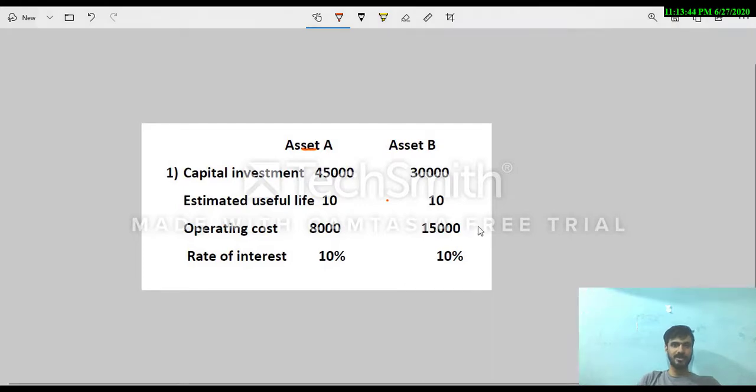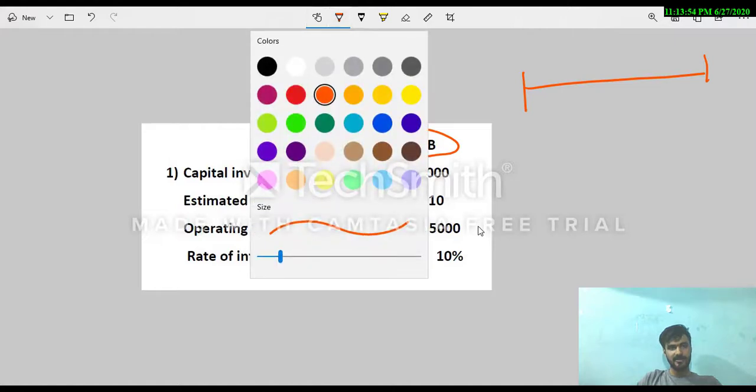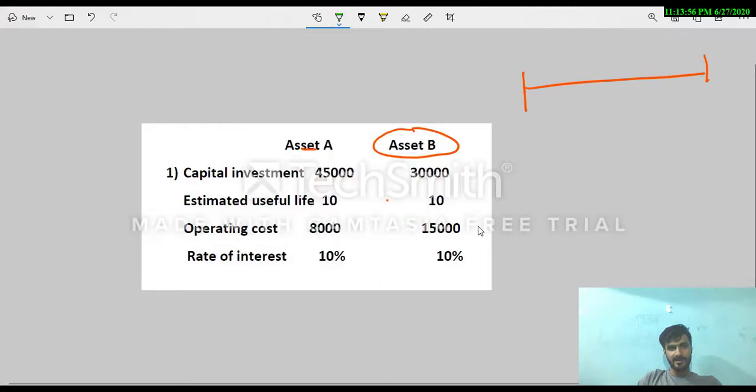Now if you draw the cash flow diagram for asset B, here I am just drawing it, just try to understand the basic thing. Then you will see, here you are going to invest a certain amount of money, that is equal to 30,000 rupees, and here you will get a uniform cash flow, and that is for n equal to 10 years.